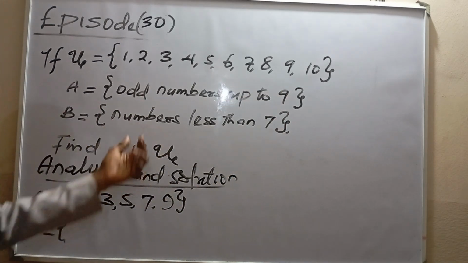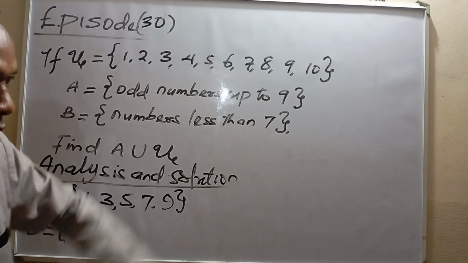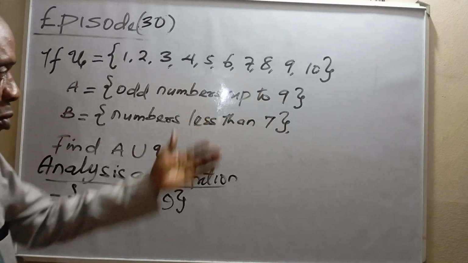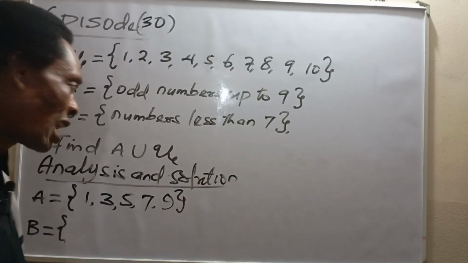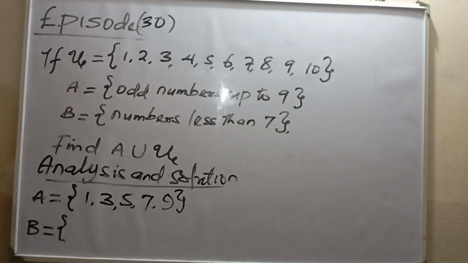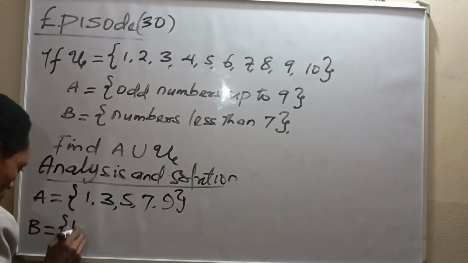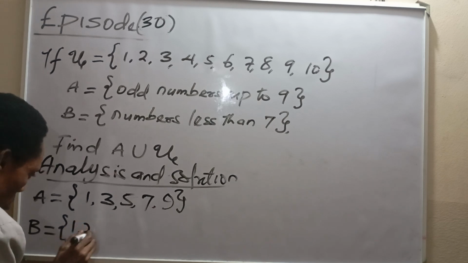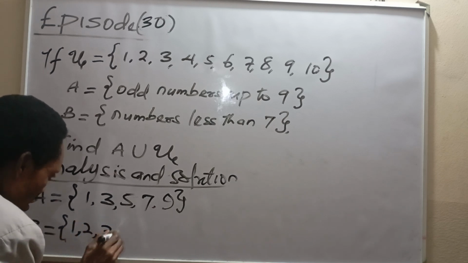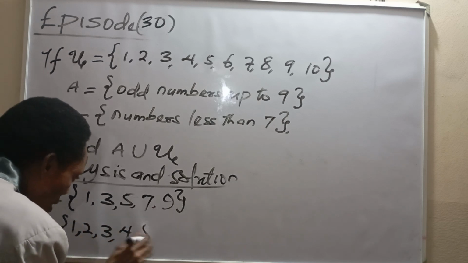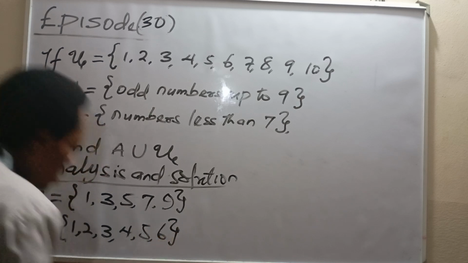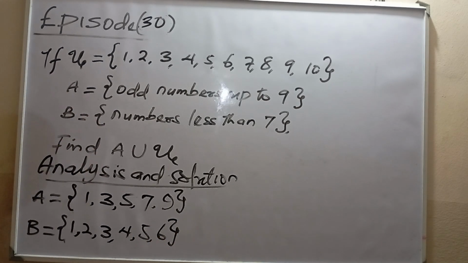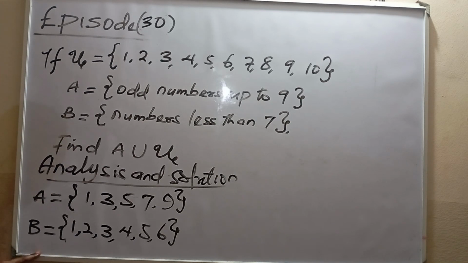But here, for B, numbers less than 7, we consider anything less than 7, that is from 6 downward: 1, 2, 3, 4, 5, then 6. These are the elements of set B, and those are the elements of set A.